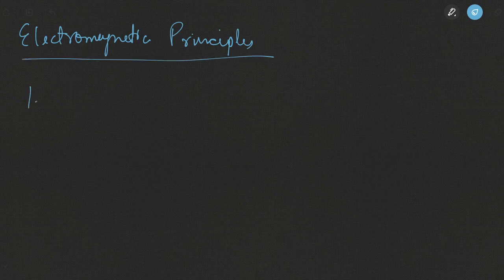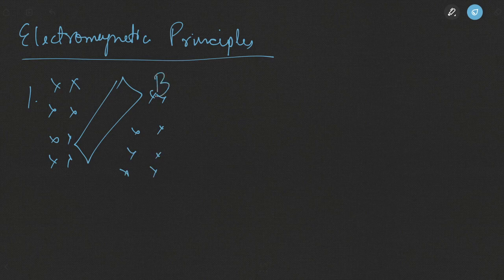There are three principles. The first principle: if you have a conductor of length L placed in a magnetic field, carrying current I, this conductor will experience a force.